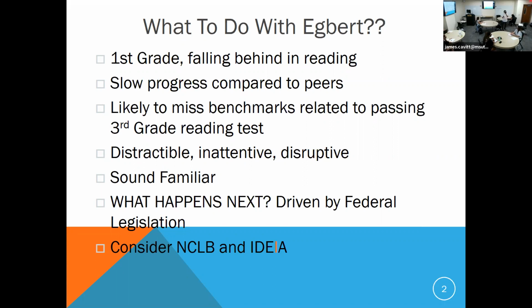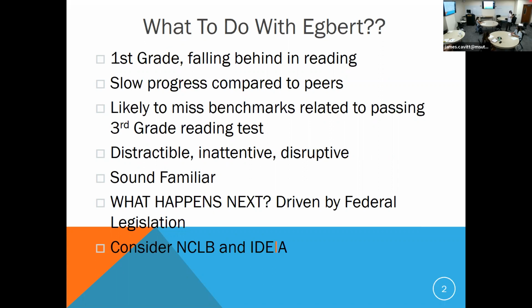He's behind his peers, and if he continues and we extrapolate that information forward, then we expect Egbert to miss the third grade reading test, which is a must-pass test. If you don't pass the third grade test in reading, then you cannot move to the next grade level without specific things. So what happens next?